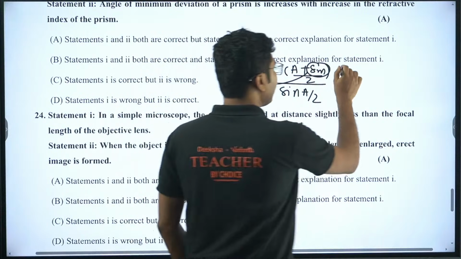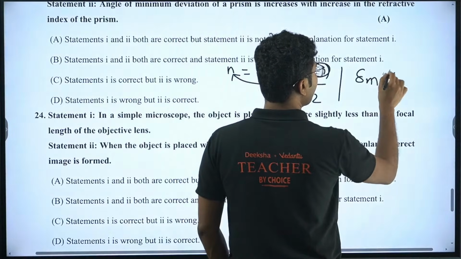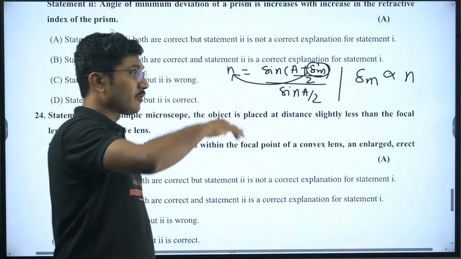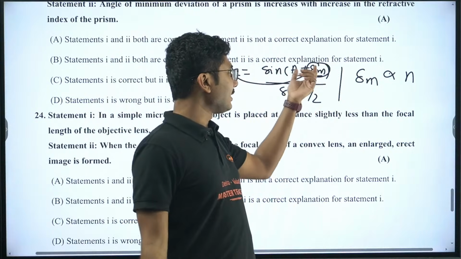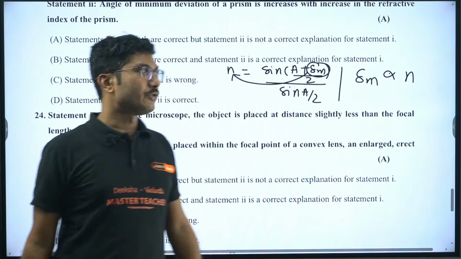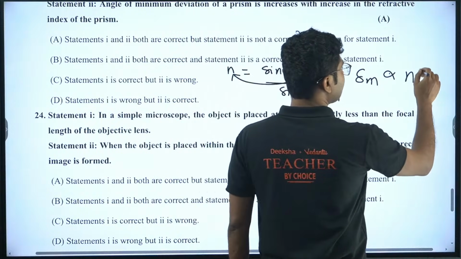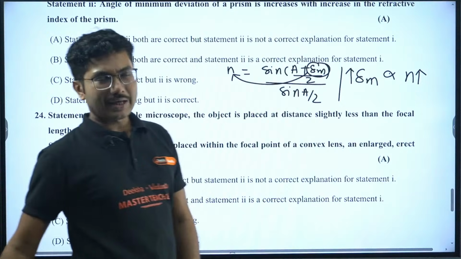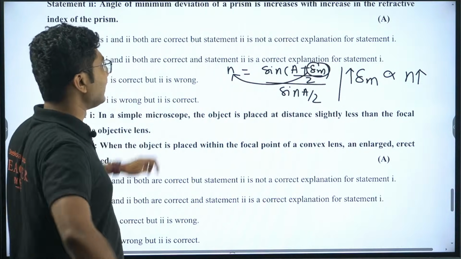In other words, delta m is directly proportional to refractive index. The constant of proportionality is not simple, but you can say that delta m is directly proportional to refractive index. That means if refractive index increases, then delta will also increase.